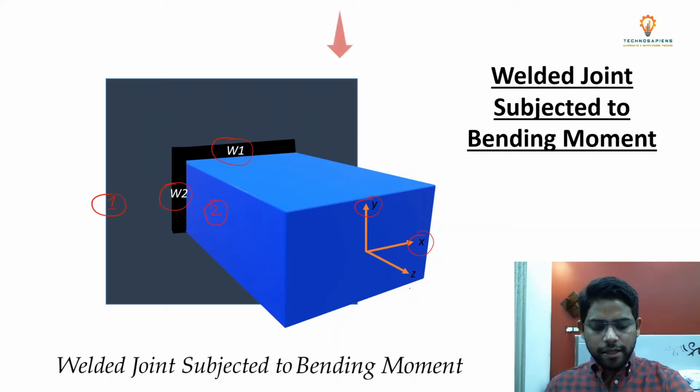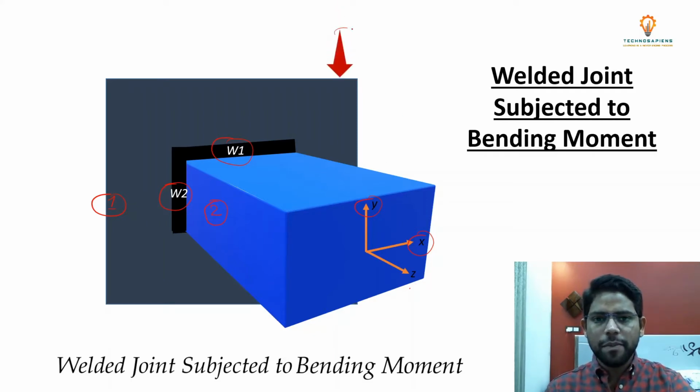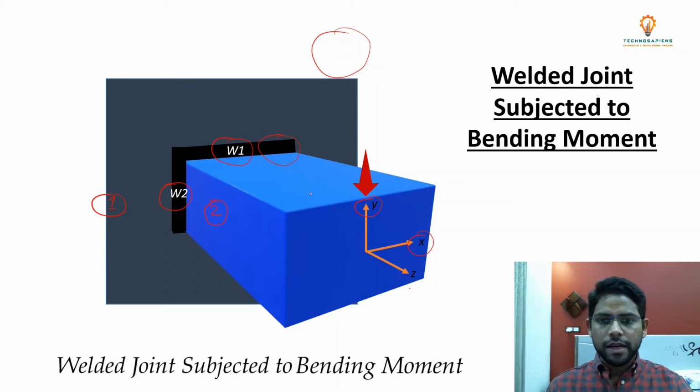In the previous case, the load was applied like this, in the same plane as that of the weld, whereas in this case the load is applied over here. Now you can see that the load is not in the plane of the welds, it is out of the plane. There will be different types of stresses developed in the weld because the load is out of the plane with respect to the plane of the weld.